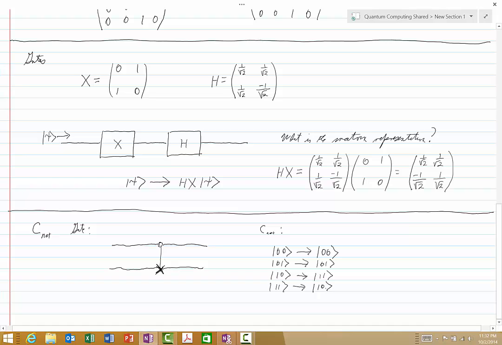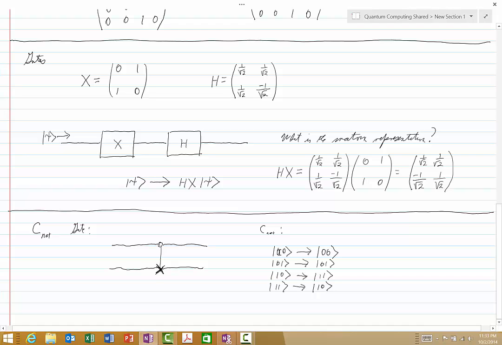In other words, the first bit is acting as a control bit for what's going to go on with the second bit. And so if the first bit here is 0, then the second bit does not get changed.